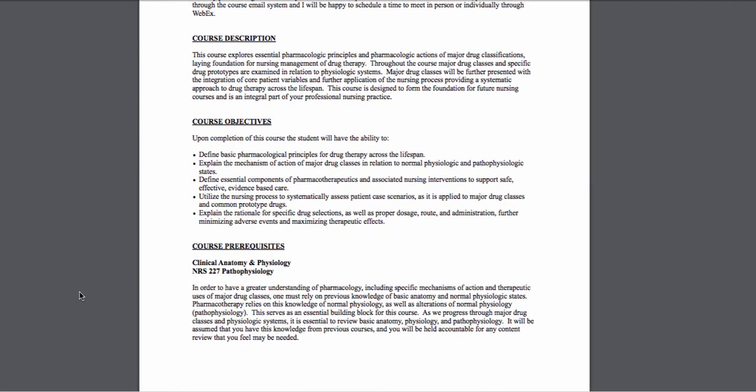Course prerequisites are your A&P course and your pathophysiology course, because you'll find, especially as we move through the first module, that much of pharmacology relies on our normal physiologic state and pathophysiologic state. So I always recommend that if you feel like you need to review your patho or your physiology prior to looking into the drug, because a lot of times it relies on this knowledge.